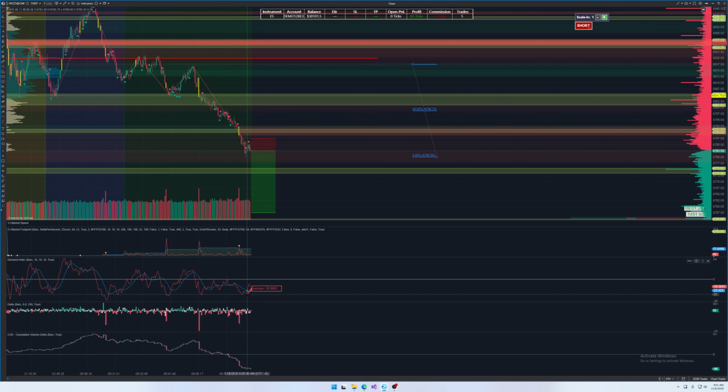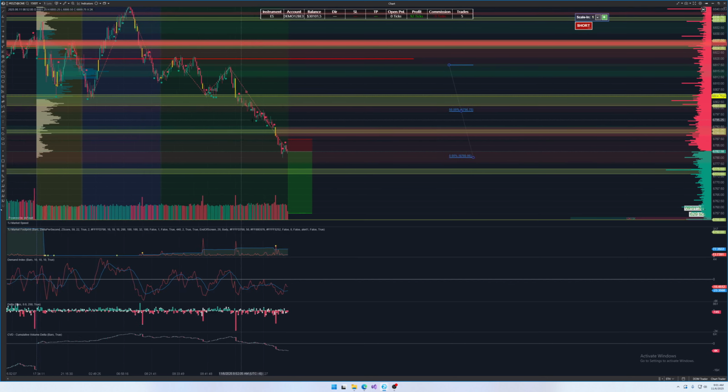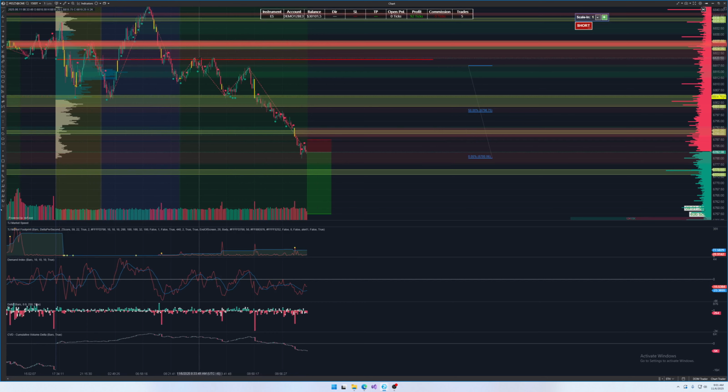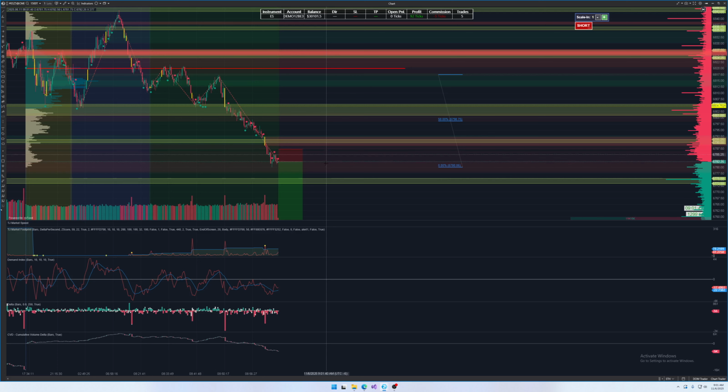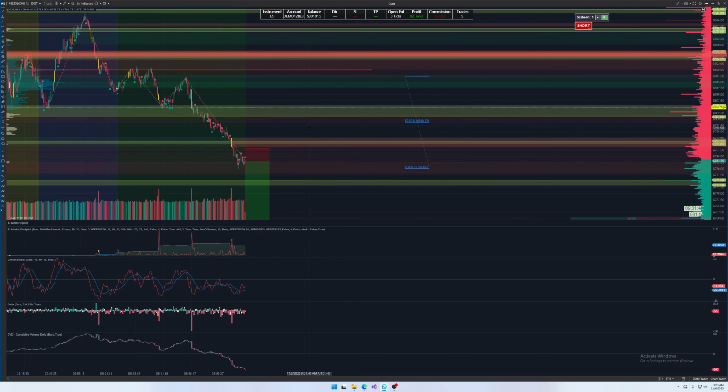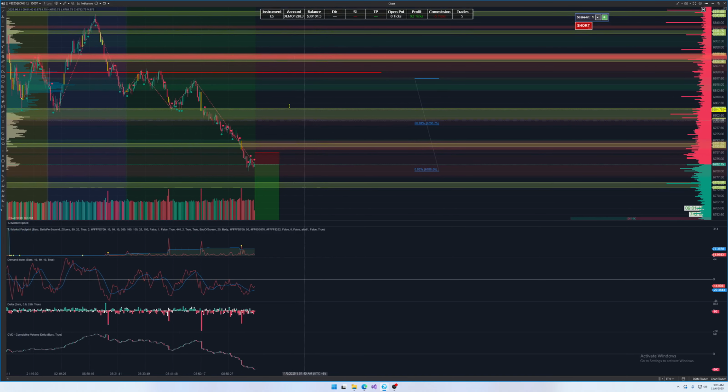So there's a divergence between the demand index and the price. But the trend is your friend, so currently it's clearly going down, so I will not trade long here. No long trade. No, no, no, no, no.